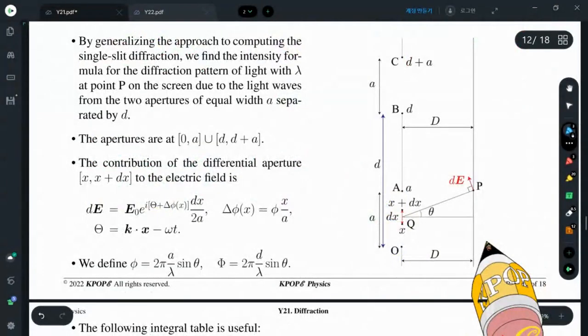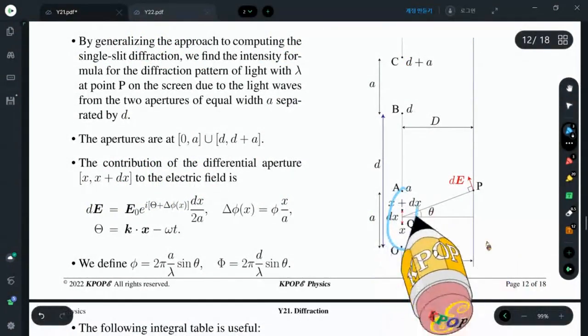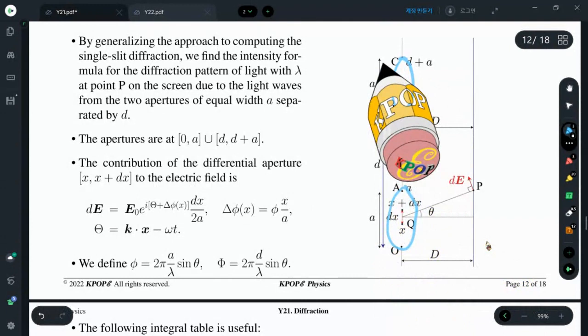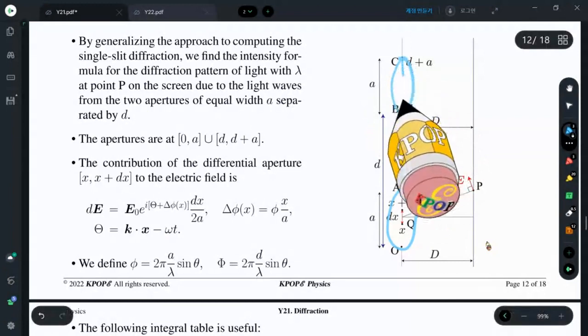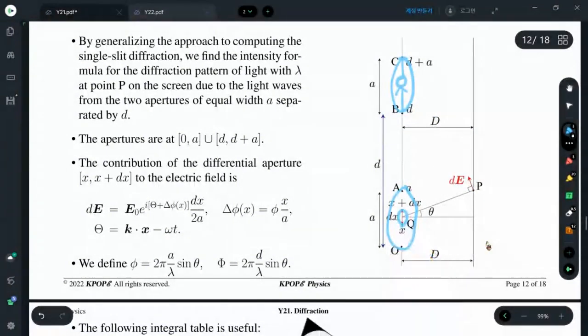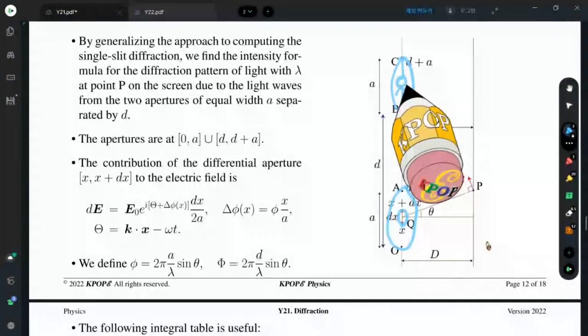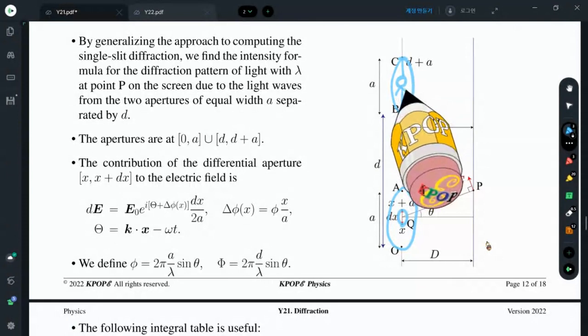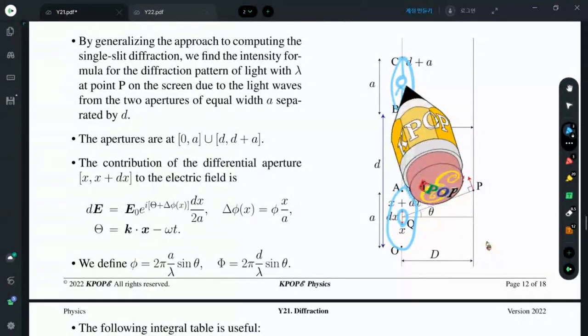Why don't we extend our result to the case of the double slit experiment? In the previous class, we minimized the size of each aperture, and we treated each contribution to be uniform with the same phase.